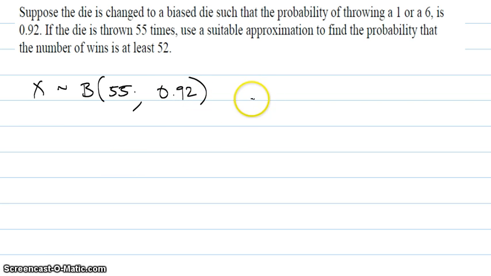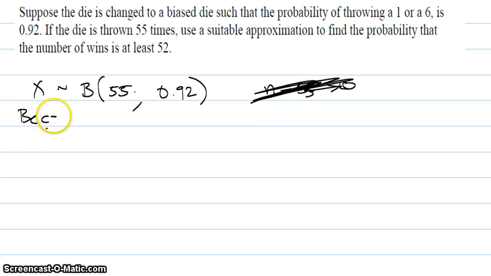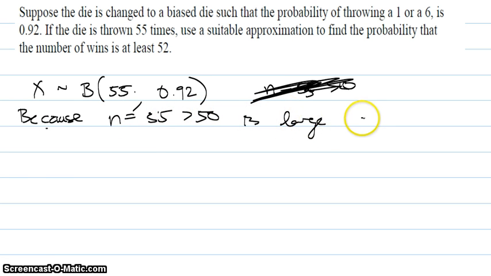So we should check that our approximation still works. So n equals 55, bigger than 50, is large. And what does np equal? np is quite big.